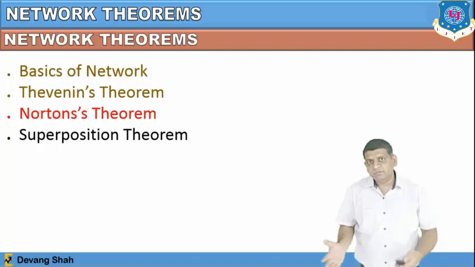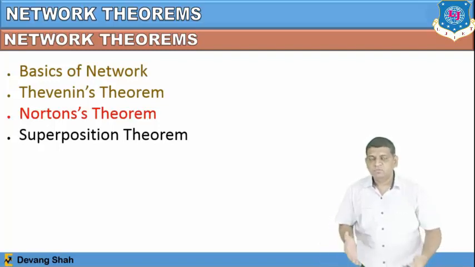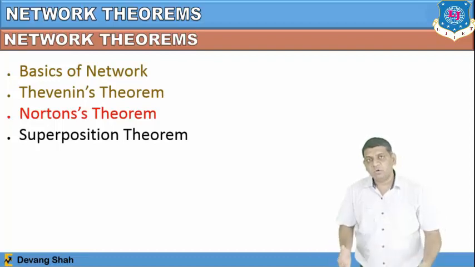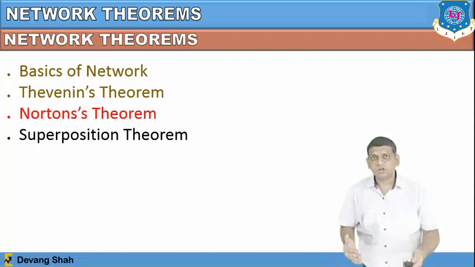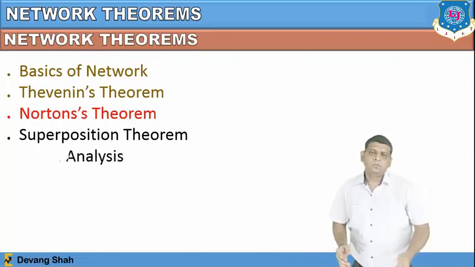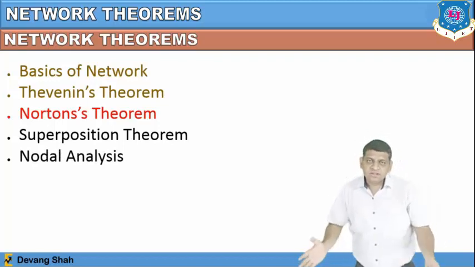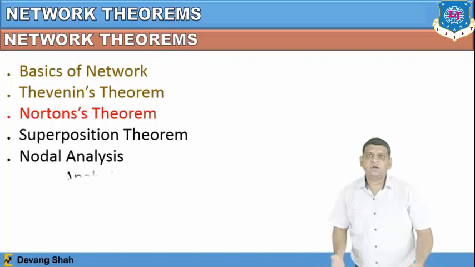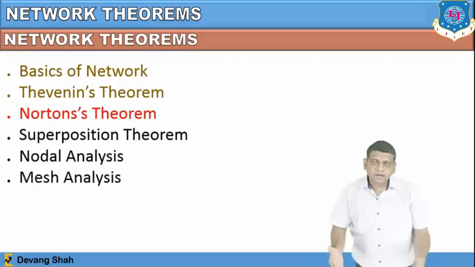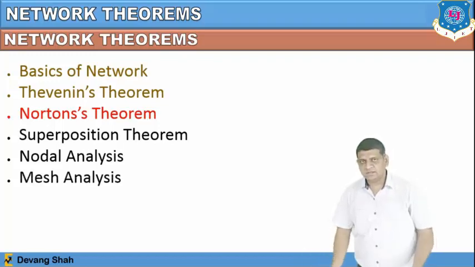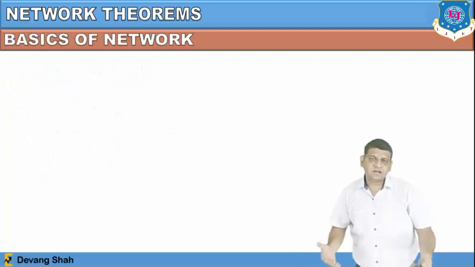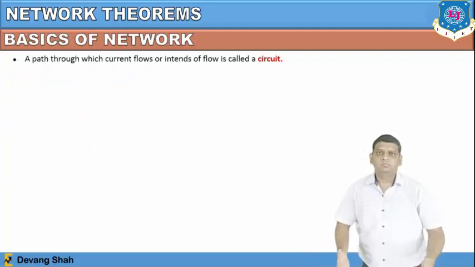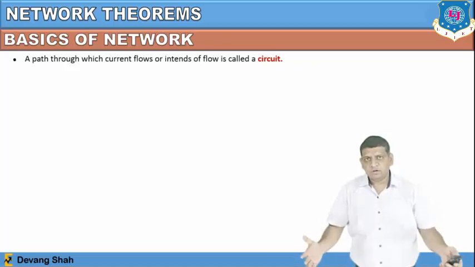Those methods we define in terms of circuit theorems. The first, Thevenin theorem, we already discussed. In today's session, we are going to discuss Norton's theorem. Once we learn the circuit theorems, we go for circuit analysis. The two kinds of analysis we are going to learn are nodal analysis and mesh analysis.